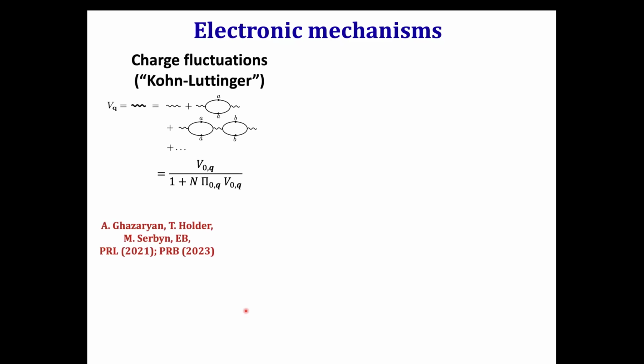Okay, so from now on, I'm going to talk about theory a little bit. So let us think about non-electronic mechanisms. And of course, we know of several possible mechanisms for superconductivity that occur purely out of repulsive interactions between electrons. Okay, so it goes back to the famous work by Kohn and Luttinger.